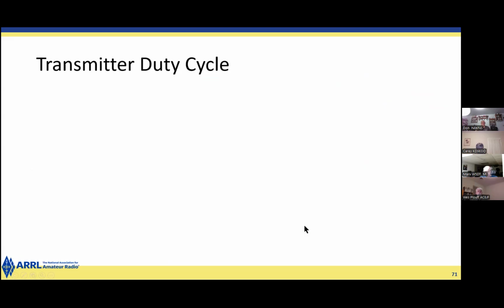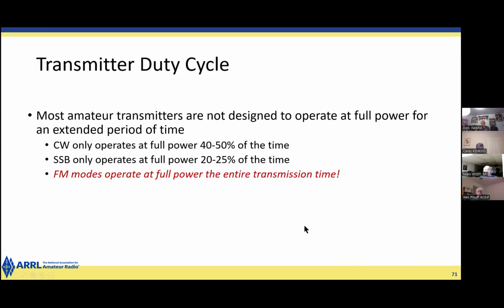Let me talk about transmitter duty cycle here. Most ham radio transmitters these days are designed for single sideband. In single sideband, there are power peaks that correspond to the loudest parts of speech, but most of the time the transmitter is operating at reduced power.